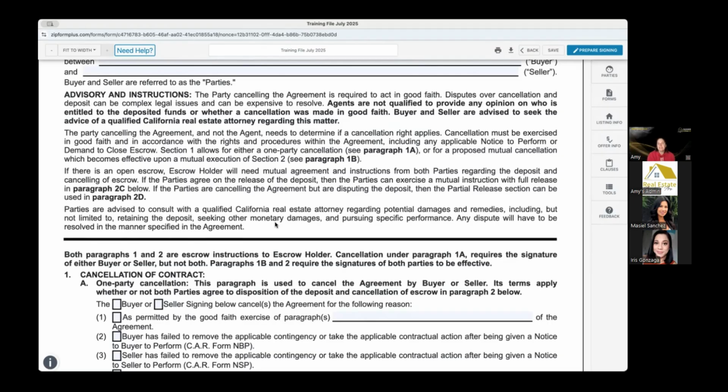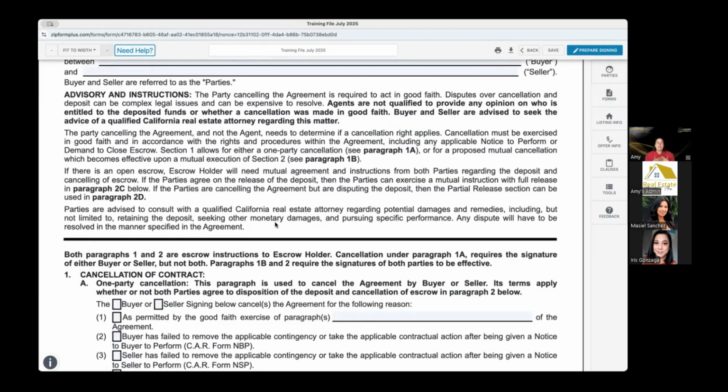If the parties are canceling this agreement but are disputing the deposit, then the partial release section can be used in paragraph 2D. Parties are advised to consult with a qualified California real estate attorney regarding potential damages and remedies, including but not limited to retaining the deposit, seeking other monetary damages, and pursuing specific performance. Any dispute will have to be resolved in a manner specified in the agreement, which is usually arbitration and mediation.